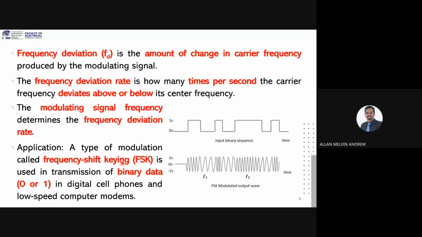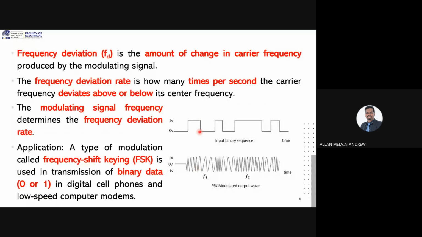So what is an FSK? Let's say this is your binary input. Binary input is normally 0 or 1. If 0, it will be 0 voltage. If 1, it will be 1 voltage. You can see how it's changing. When the value increases to 1, the waves will be closer.